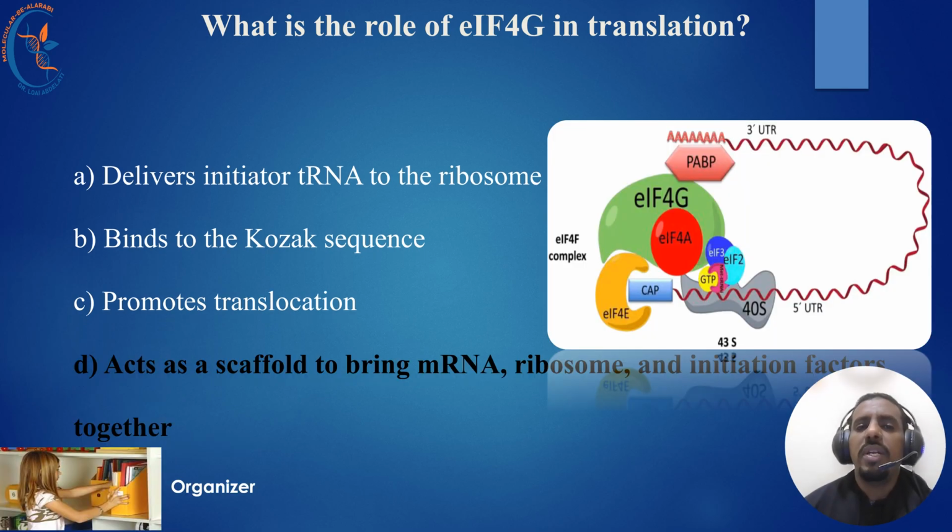The role of eukaryotic initiation factor 4G in translation is to act as a scaffold to bring messenger RNA, ribosome, and initiation factors together, as we see in the image. Think of eukaryotic initiation factor 4G as the organizer that helps assemble all necessary components at the right place and time to start the translation process efficiently.